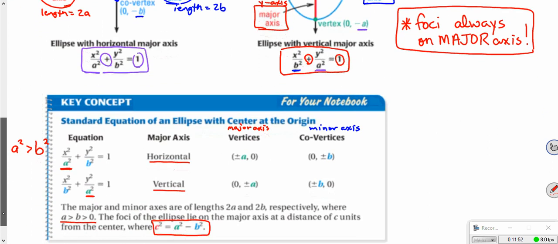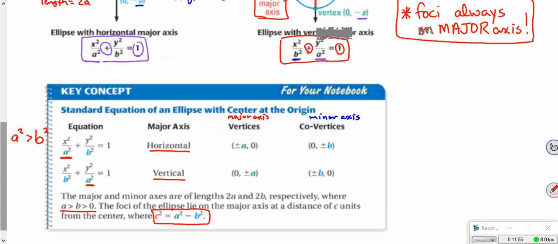So in this case, I'm going to add a little bit to this chart here. If your vertices are plus or minus a, 0, I'm going to add over here a third column, your foci. Your foci in this case are going to be plus or minus c comma 0 because your vertices are on your major axis, and if the major axis is horizontal, that's going to be your x.